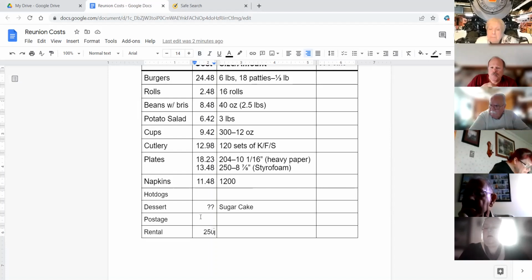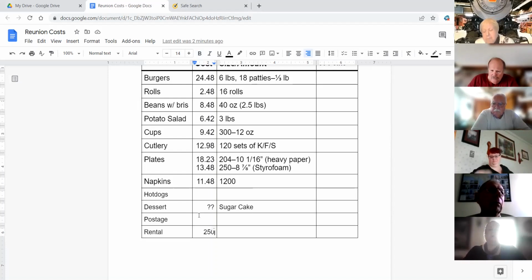So I think it was Joanne who had sent around membership prices from the past. Is going to the reunion a separate price from the membership, or is it all together?